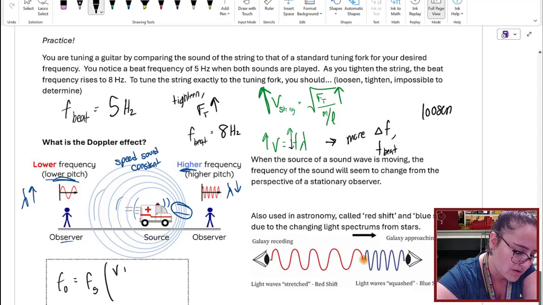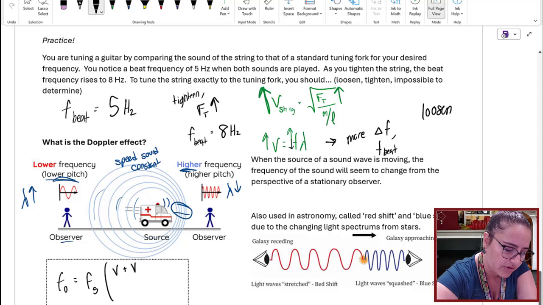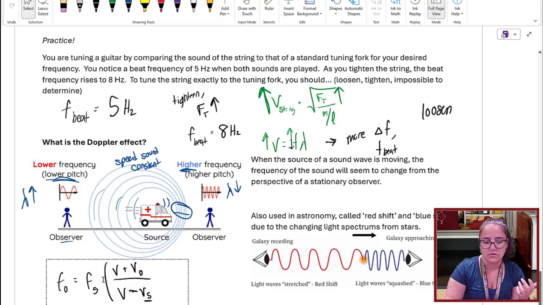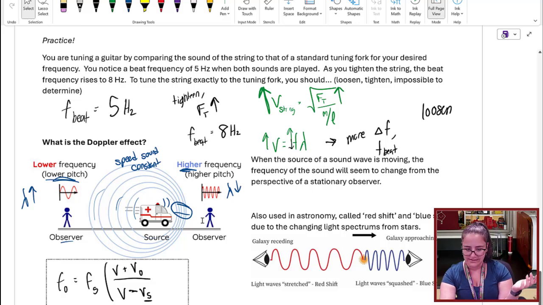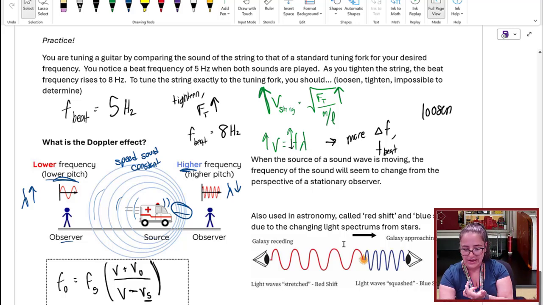So we know if it is approaching you, then the velocity of the source is going to remove some of that velocity from the sound wave, or if it's moving away from you, you can add that to the speed of sound, as if you were chasing this sound, where the velocity of the source is moving away from you.